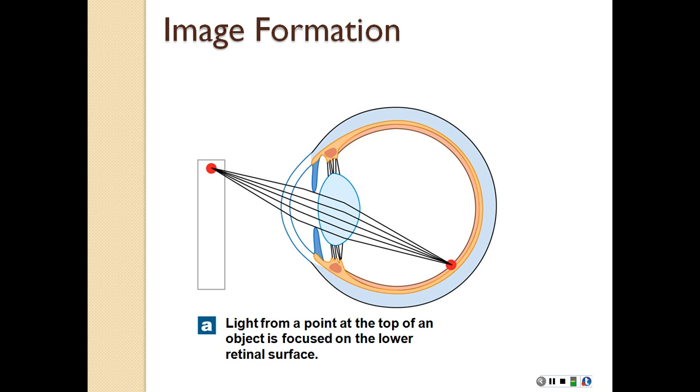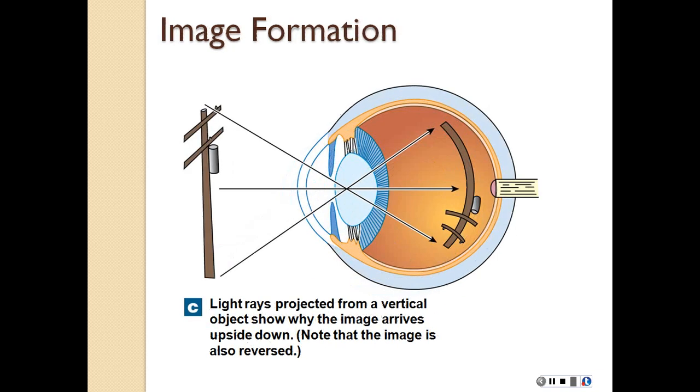Therefore, whatever you're looking at is inverted by the time it makes it to your retina. You all may have seen that before. And what happens is the brain receives the information and just flips it right back over.